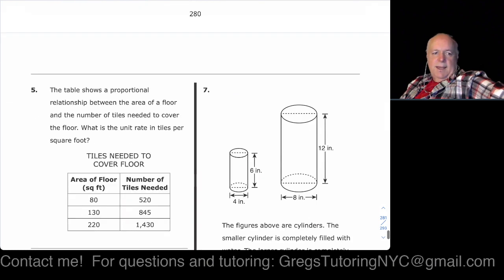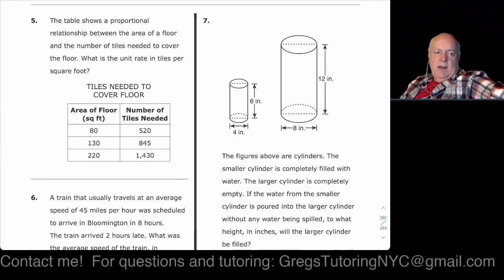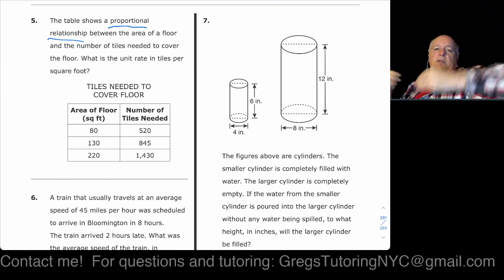Okay. So this one again is the constant of proportionality. How do I know that? Because it says the table shows a proportional relationship. All right. I like to look at illustrations first to try to understand stuff, and then when I come back to the words in the question, it kind of fills in what I thought. I find that works better for me, because if I read the words, I'm not really going to dedicate as much attention to the illustration.